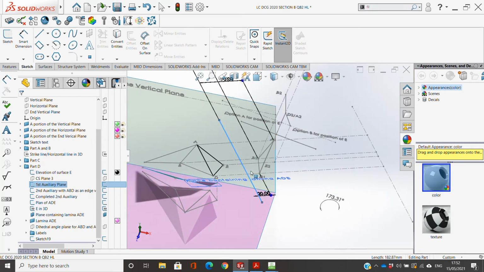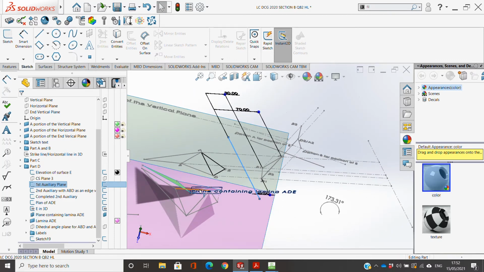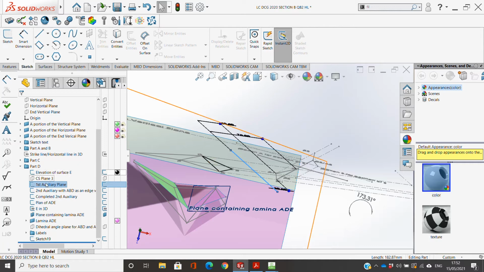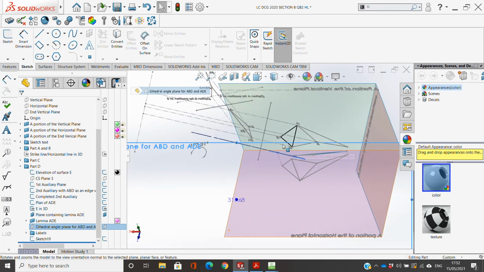So the distance between those two should be the distance there, and that will be the dihedral angle of 165.